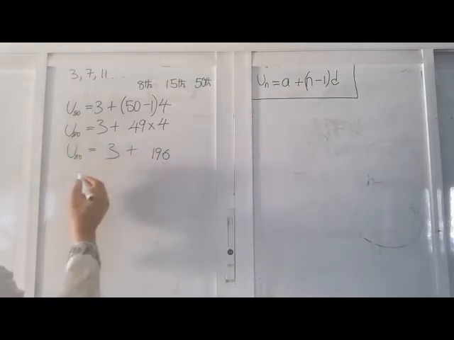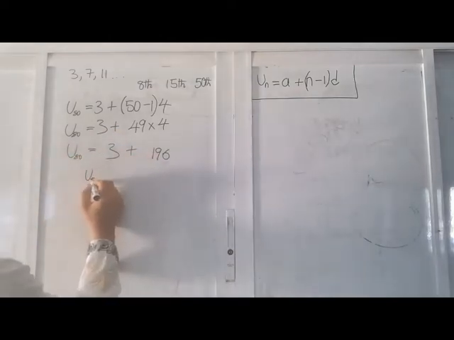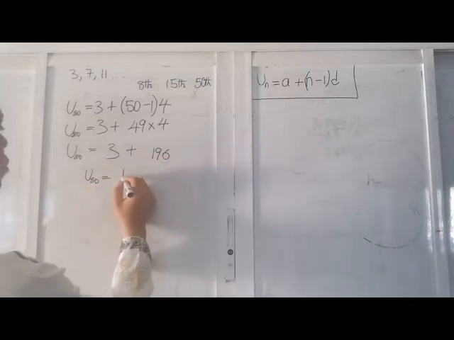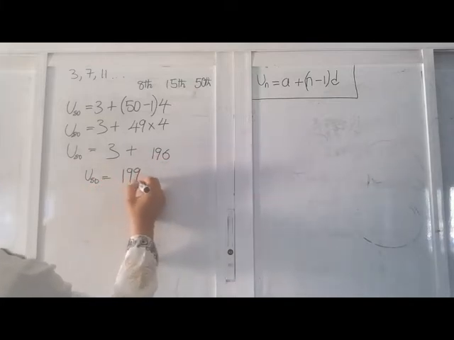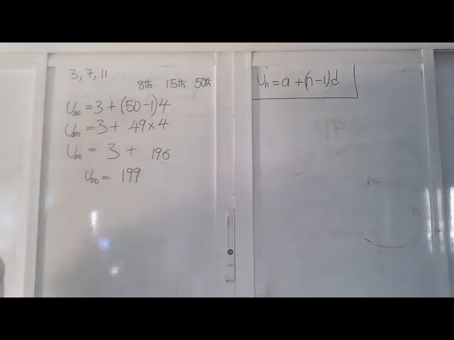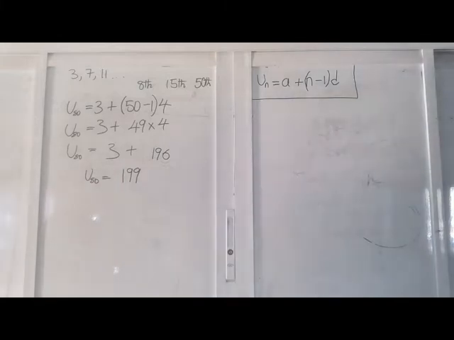So at this point, we can simply say that the 50th term is equal to 3 plus 196, which will give us 199. As the 50th term. Very, very simple, isn't it? Let's progress to the next question.